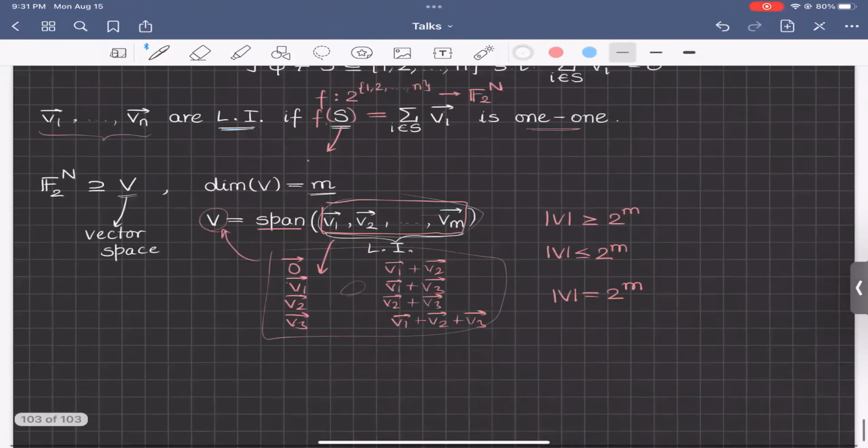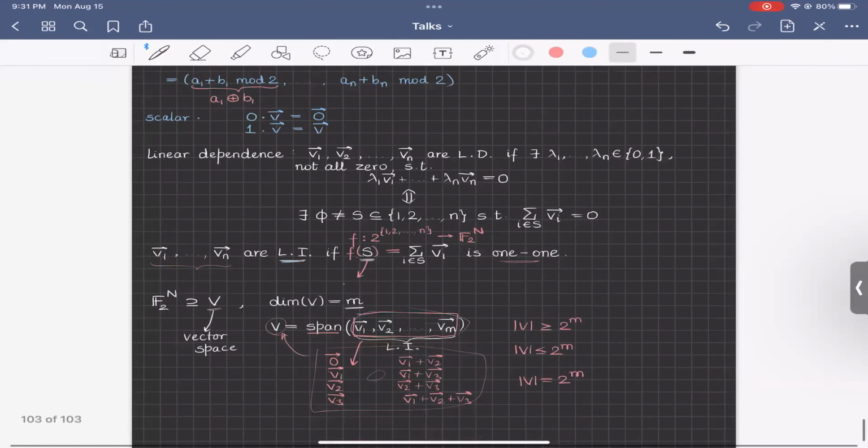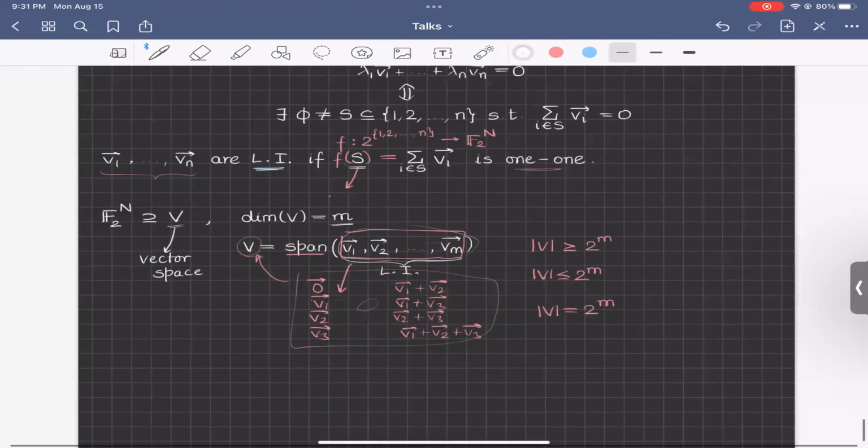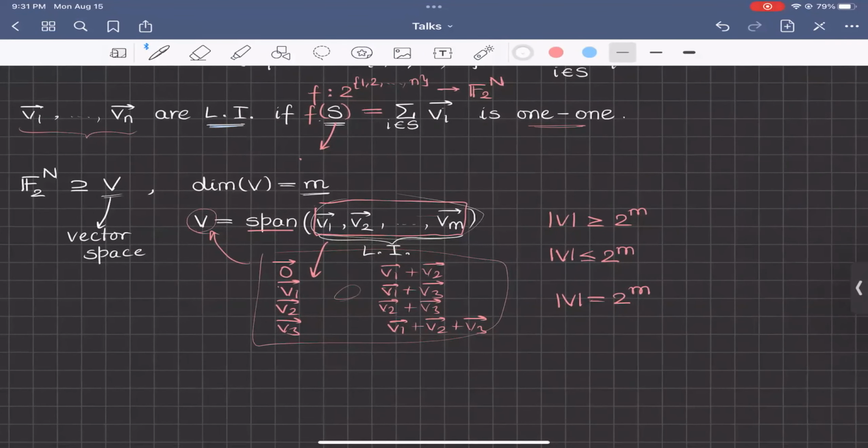But if some linear combination is equal to another, then we get that these vectors are linearly dependent, which is the same contradiction, right? Yes, so they can't be equal. Yes, I got it. We need the fact that these are linearly independent as well.